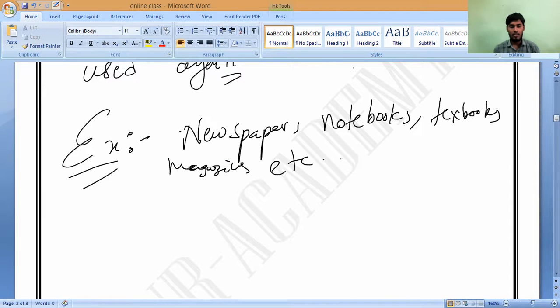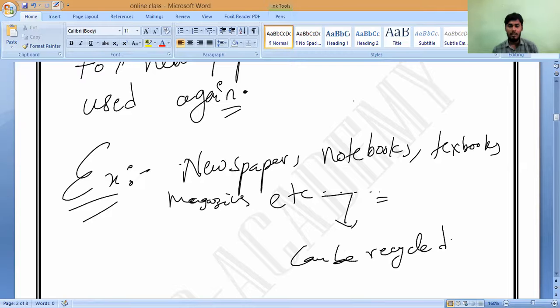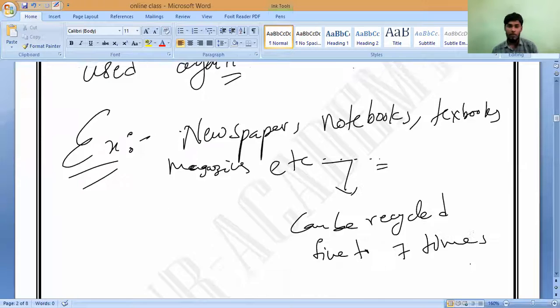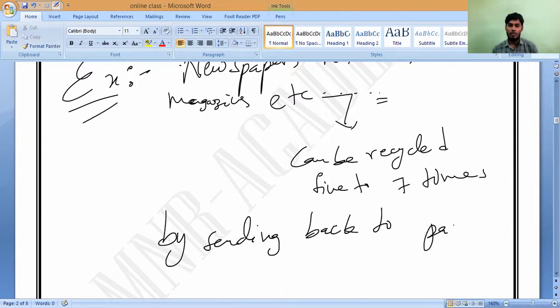Sir, erasers etc. An eraser is also a product of plants only. Rubber. Okay. Newspapers, notebooks, textbooks, etc. can be recycled 5 to 7 times by sending them back to the paper mills.